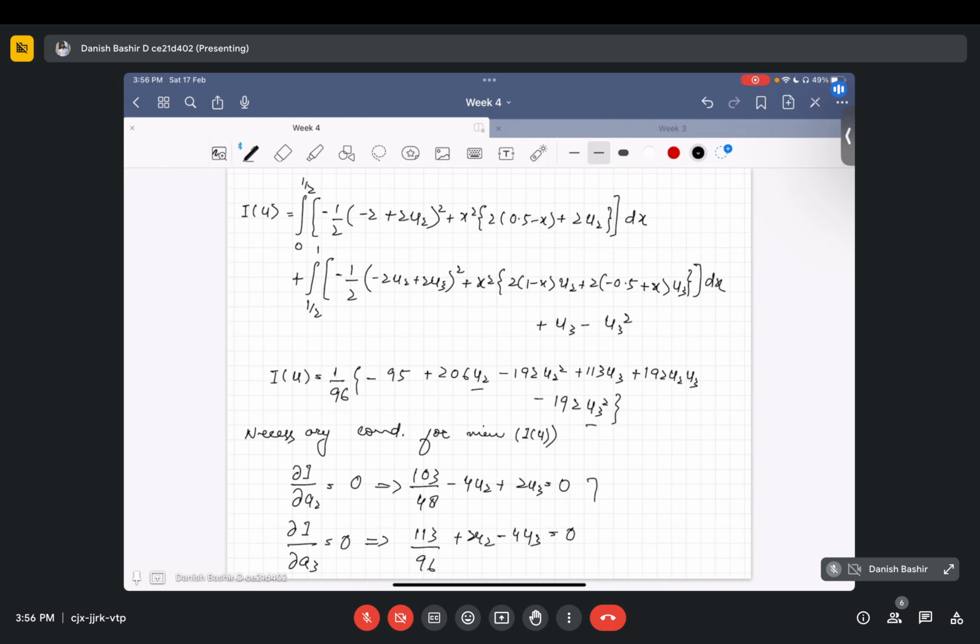When you solve these two simultaneous equations, you will get u2 equal to 0.9115 and u3 equal to 0.75.